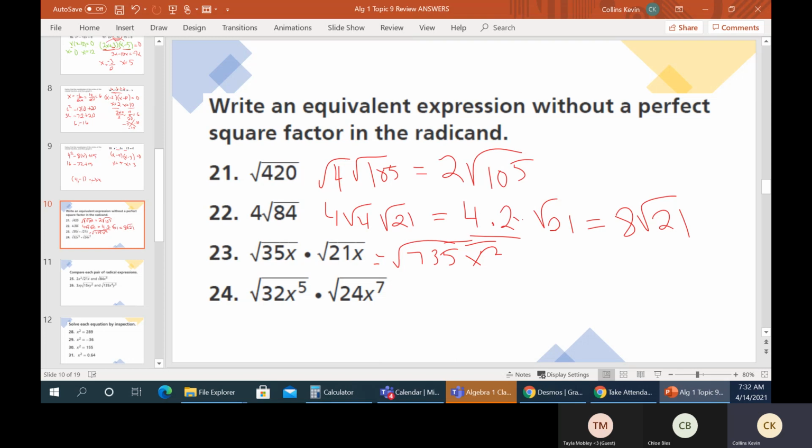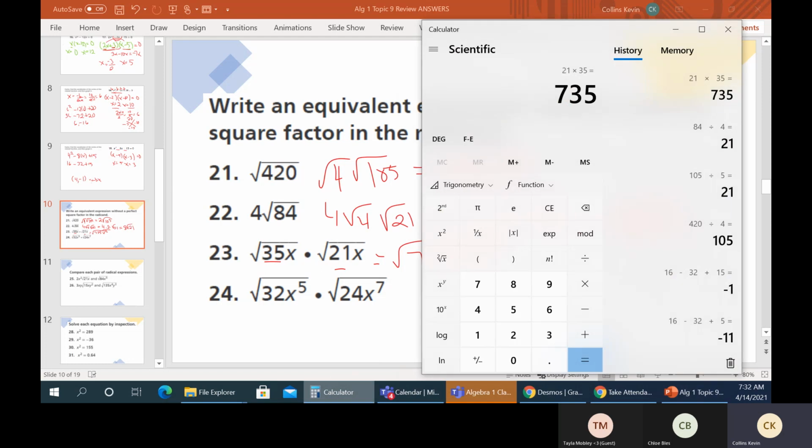So the question is, are there any perfect squares that will help us out here? All right, well, we know for a fact we can divide by 7, right? Because we can divide both of these by 7. So let's see if that's any help. So we go to our calculator, so 735 divided by 7.